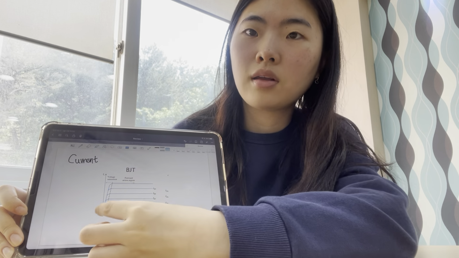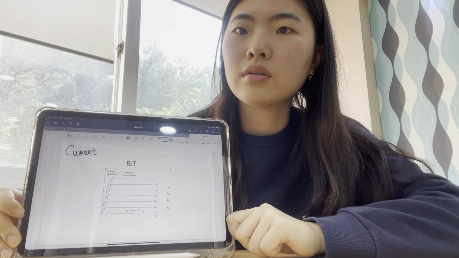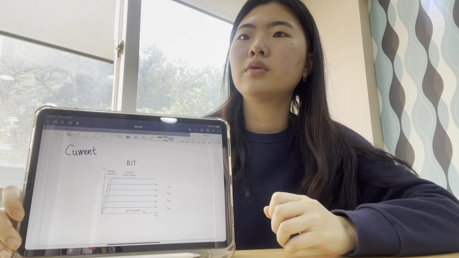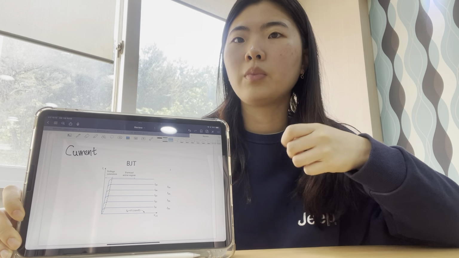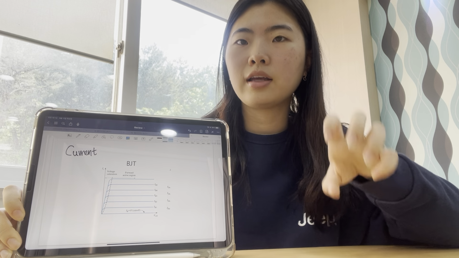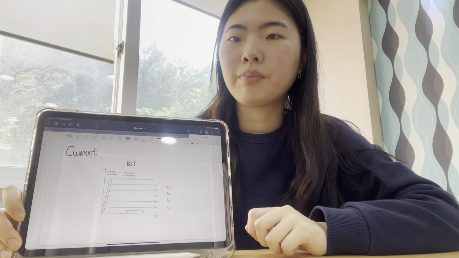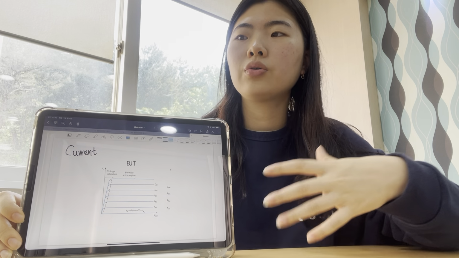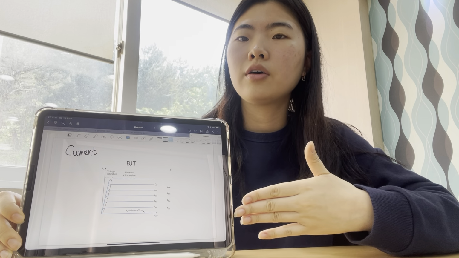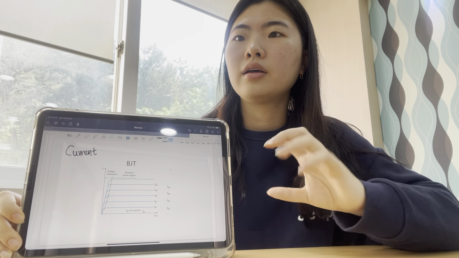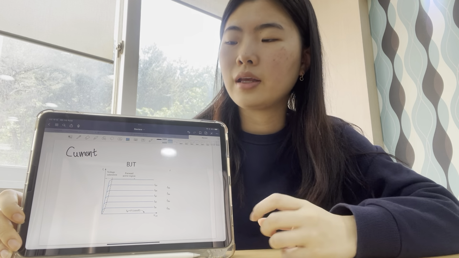And this is the active region. So we can control the mode, like active or saturation, to control the current of BJT. So we should know the characteristics of current flow, and we can control those things.